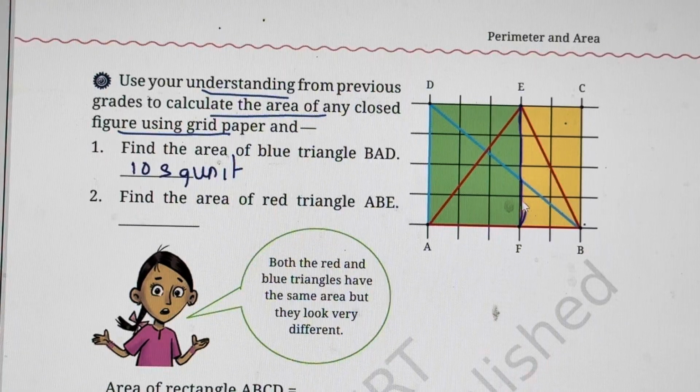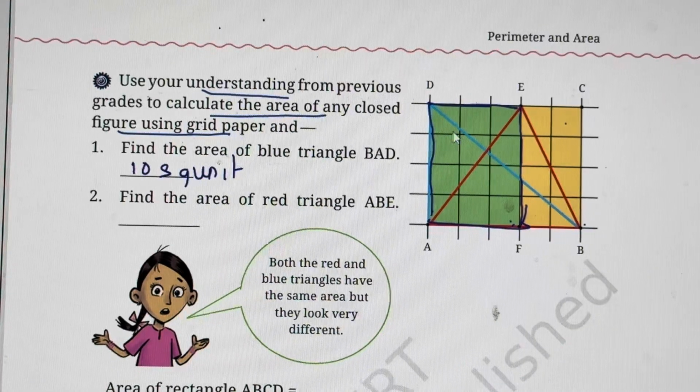We divide it from here. And now if you imagine this particular shape, the green portion, right? So this is half of this green rectangle, triangle AFE is half of the rectangle AFED.